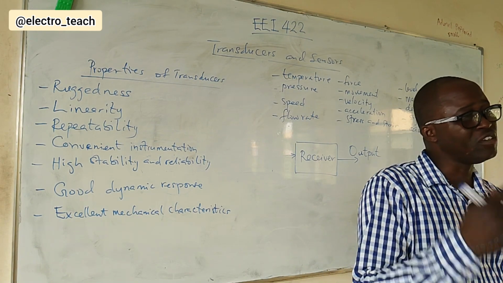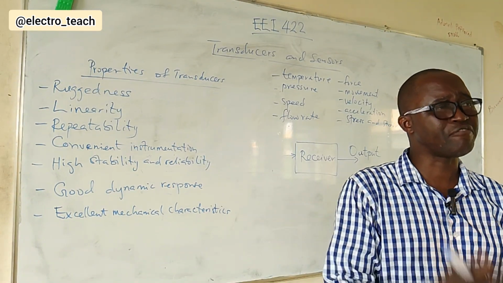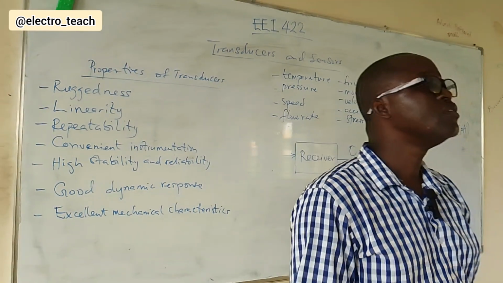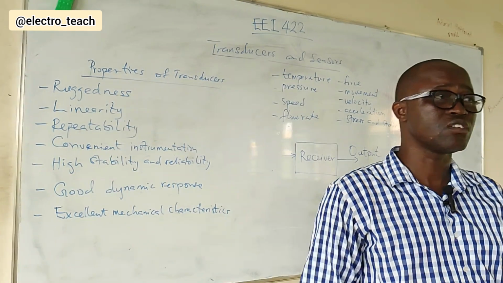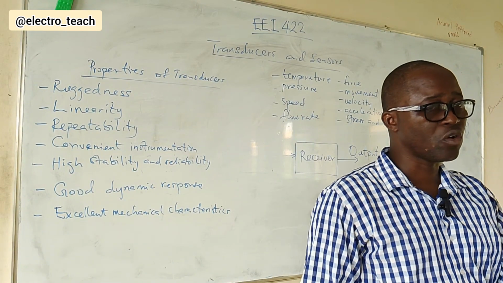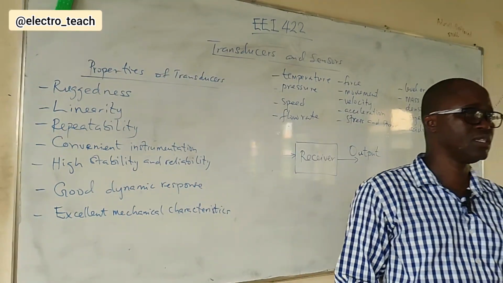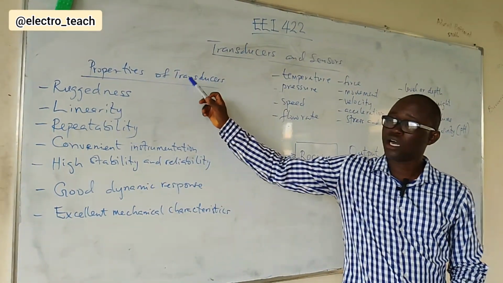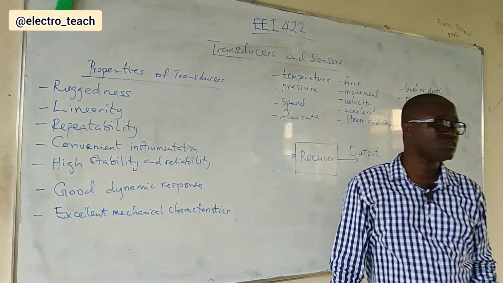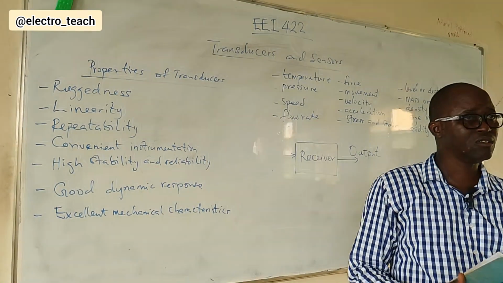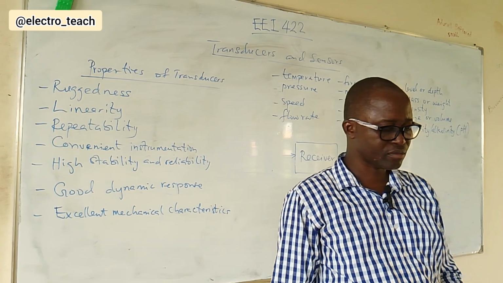But when your device is being affected by these environmental variations, that means it's going to give wrong results, which is not reliable. So we require a stable and reliable system. It's another important property of transducers.